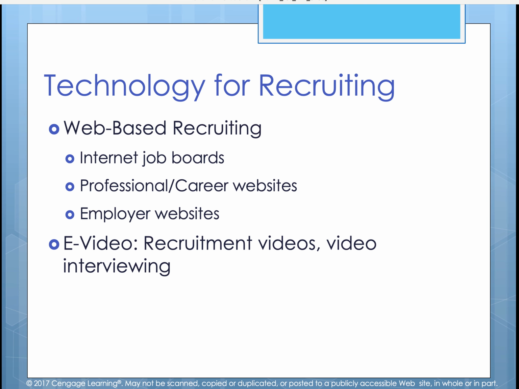A rising technology is called e-video, where you as a company can put out recruitment videos, but also candidates can put out recruitment videos, and there's video interviewing. This was taking place, of course, before COVID, and it will continue to be on the rise because it's allowing people to do video interviews, especially if the candidate's not in the same city or state as you.